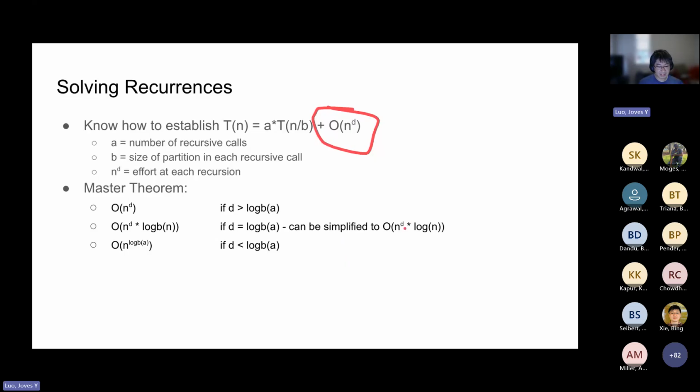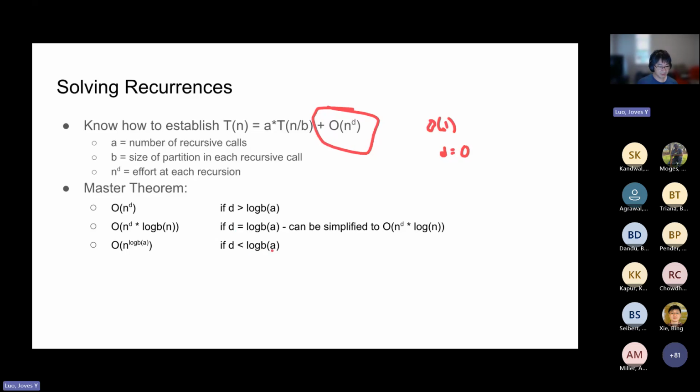Now remember, this D could be 0. Okay. O of 1 work is valid, and in this case, D is equal to 0. So you can use that here.